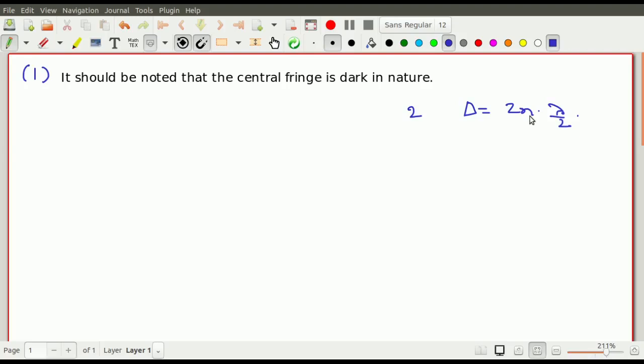That is what we have studied from the Fresnel biprism experiment, and also from the other experiment, the Young's double slit experiment. Okay.